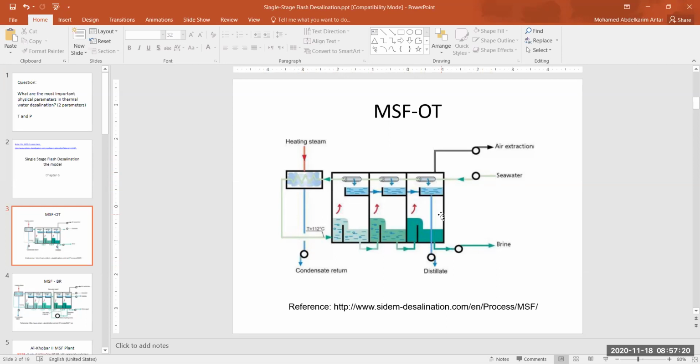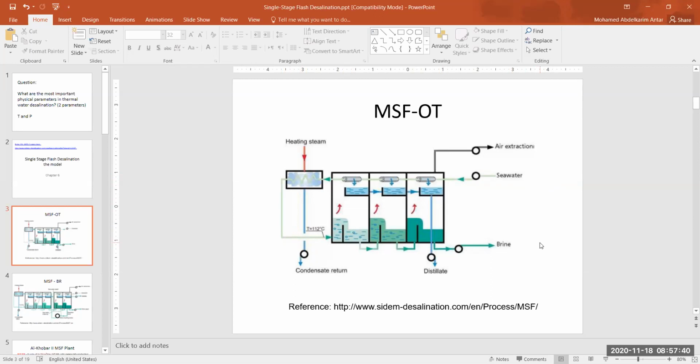The system that we see in front of us here is what we call the once-through system. Why? Because seawater comes in, is preheated, then heated to the highest top brine temperature, and after that it will flash and flash and flash and then be rejected back again to the sea. What's the problem with this system?